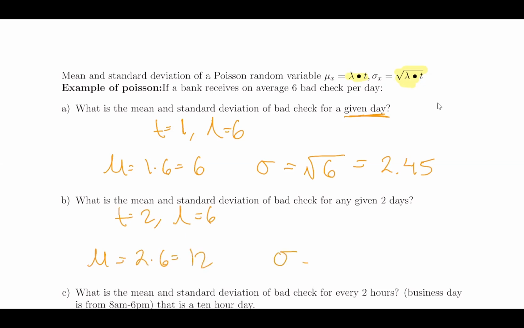If you want to do standard deviation, you do square root of 12. And you get 3.464. And that's it for B. Any question for B?